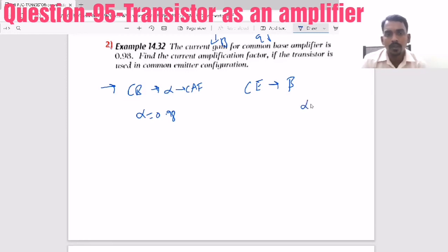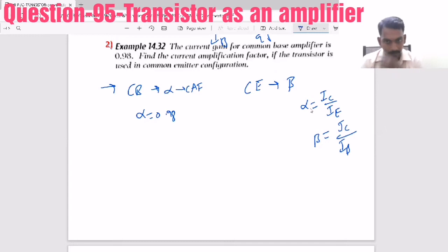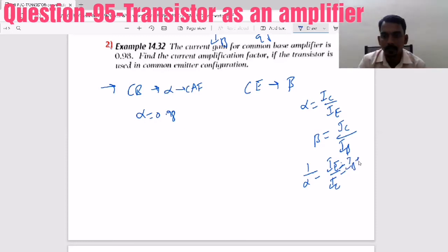Now see, alpha for common base is IC by IE. Beta for common emitter is IC by IB. Now 1 by alpha equals IE by IC, where IE I can write as IB plus IC, by IC.